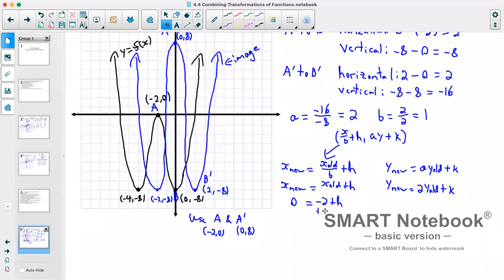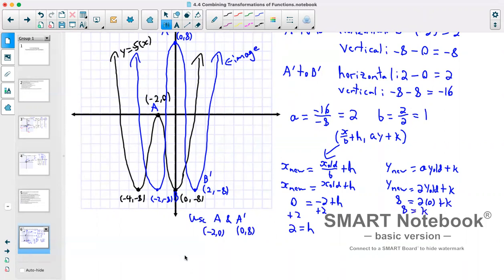So we'll move the 2 to the other side. So 2 is equal to our h value. We'll do the same thing with this one. Our y new was 8. That's equal to 2 times our y old, which was 0, plus k, so we have 8 is equal to k.